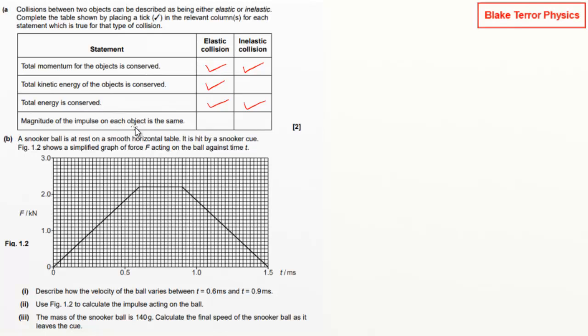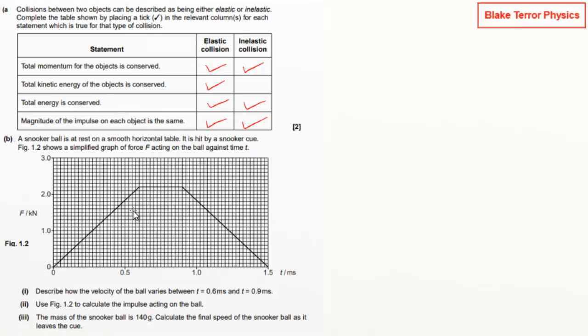And then the magnitude of the impulse on each object is the same. Well, yeah, again, because that's just dealing with momentum. Impulse is the change in momentum of an object. And from Newton's third law, which came up in one of the earlier videos, the equal and opposite force exerted by these two objects hitting each other propagates through the idea of impulse.